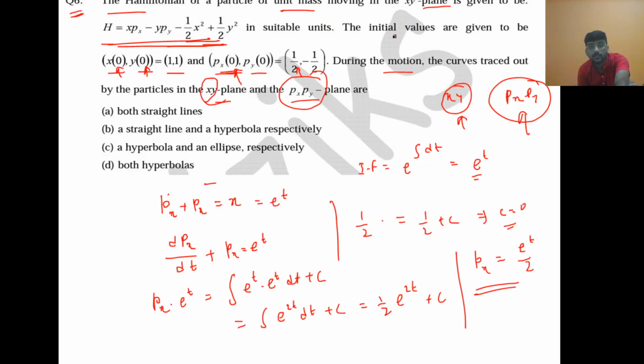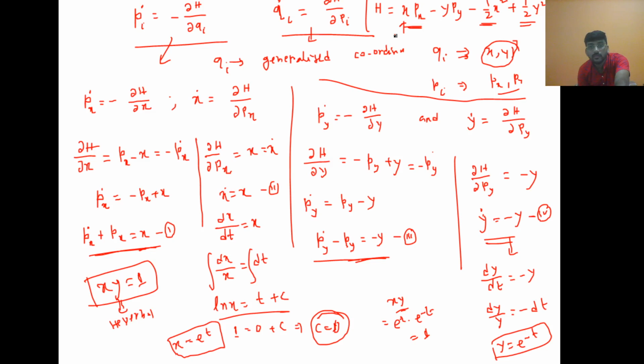Minus half x square plus x px minus y py. So it will be py dot is equal to y plus py, py dot is equal to y plus py minus y.